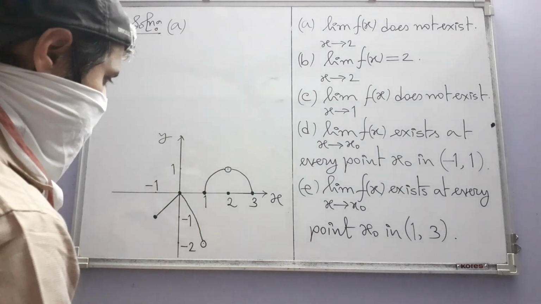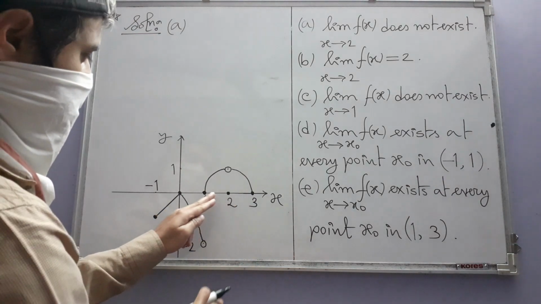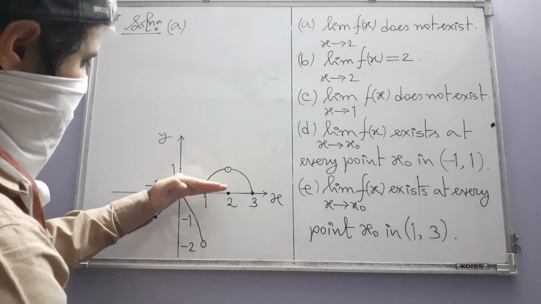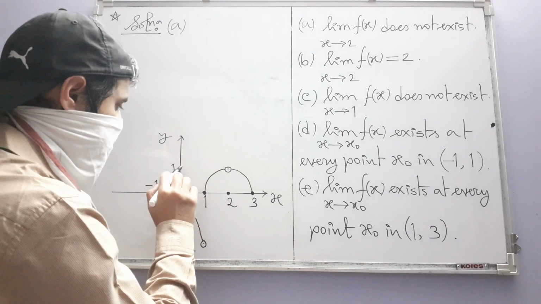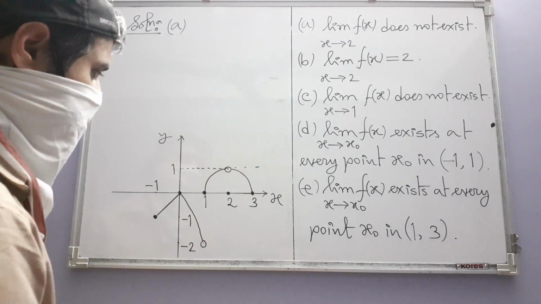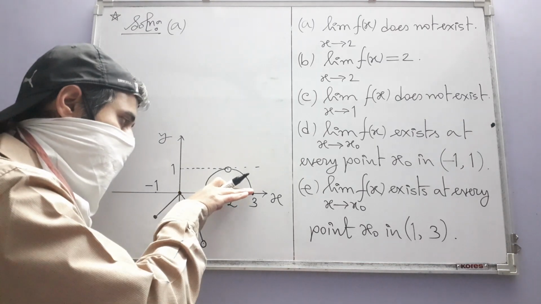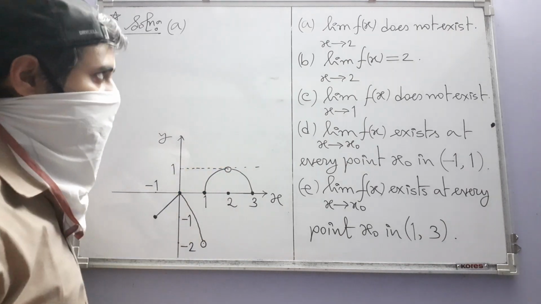So what happens when x approaches 2? When x approaches 2 from the left, f of x approaches 1 because this is level 1. And the same thing happens when x approaches 2 from the right side. F of x approaches 1.